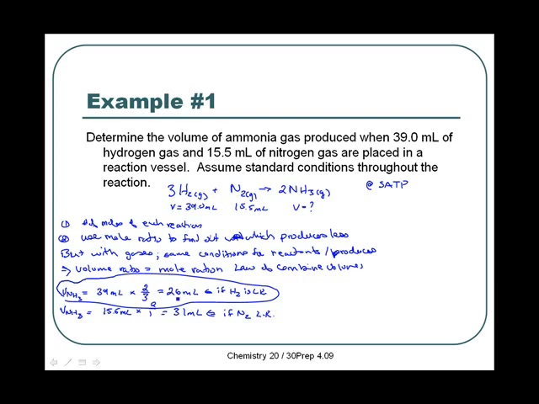Once we use up all of our hydrogen, we'll have 26 milliliters of ammonia gas. If we were to use up all of our nitrogen, we'd have 31 milliliters of NH3 gas. Since this one produces less, H2 is our limiting reagent. So 26.0 milliliters of NH3 is produced.